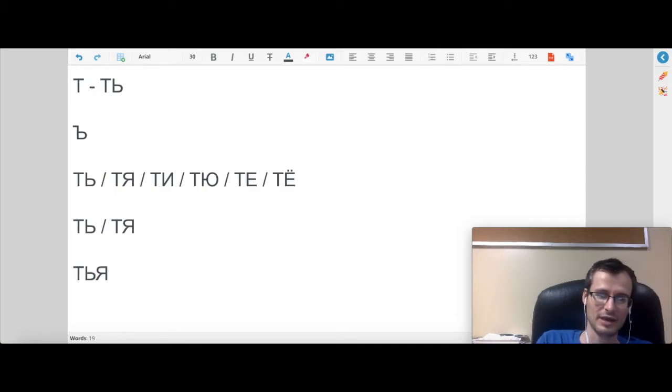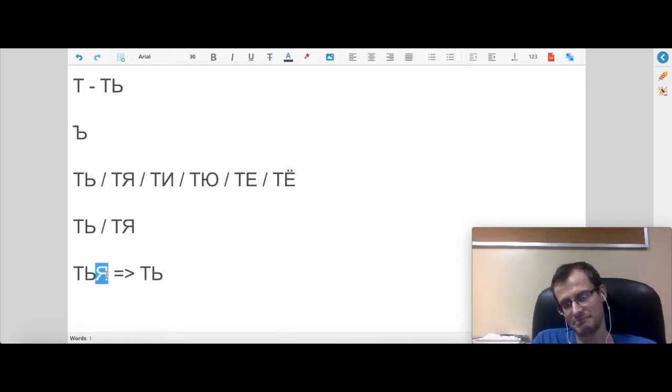Okay, and what happens here is, the consonant gets softened by the soft sign, right? So in this case, the T is already soft thanks to the soft sign, right? So ya doesn't really have to soften it, right?